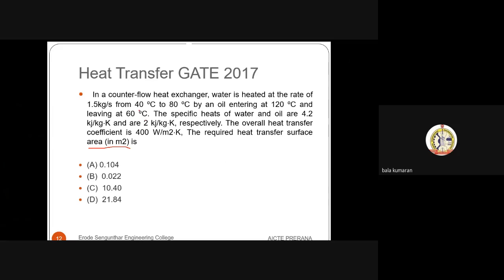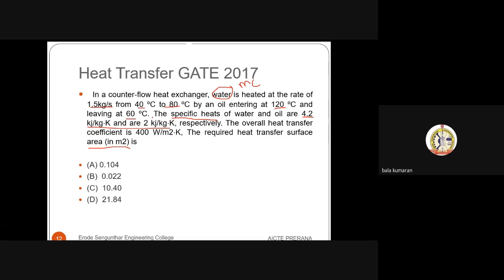They have given us four temperatures: 40, 80, 120 and 60. They have given two specific heats, CPH and CPC. They have given one mass, which is the water mass, that is MC.